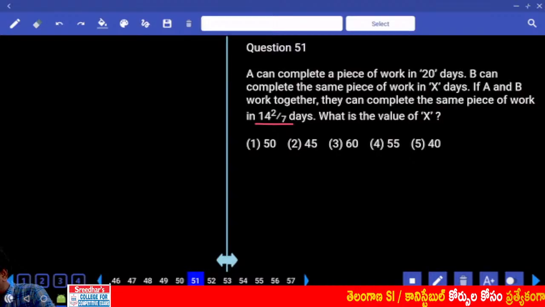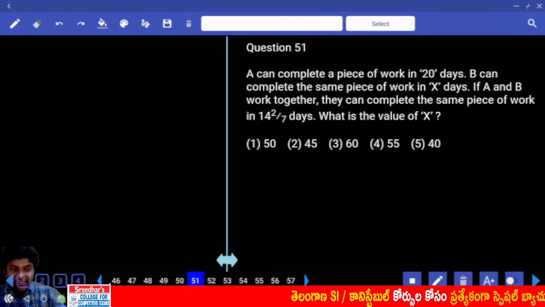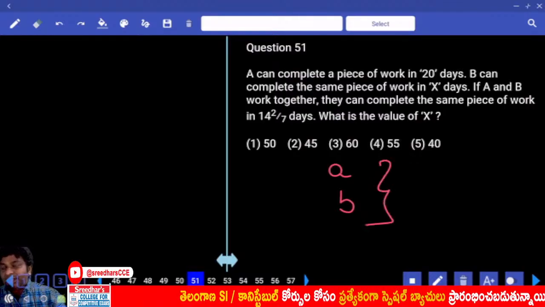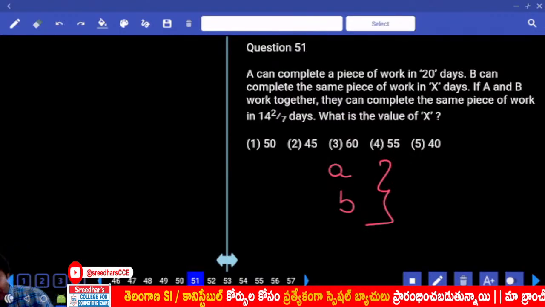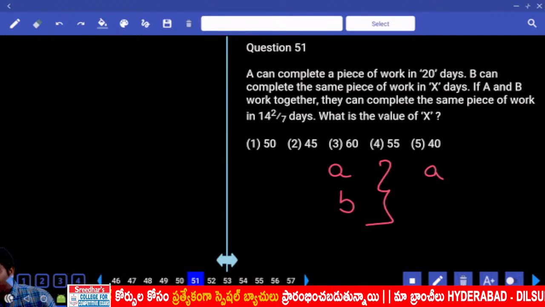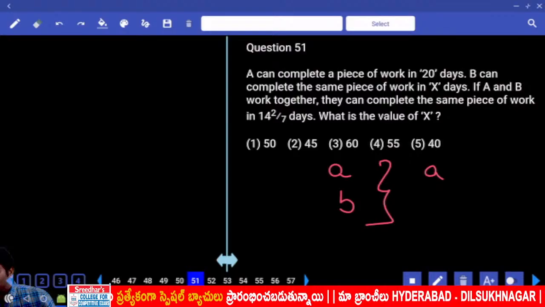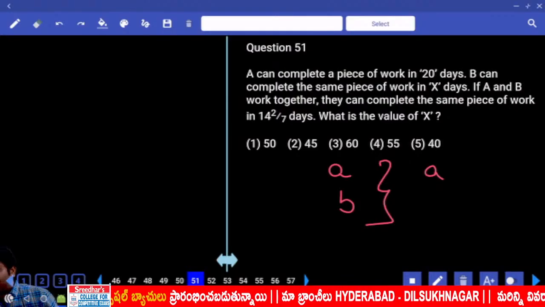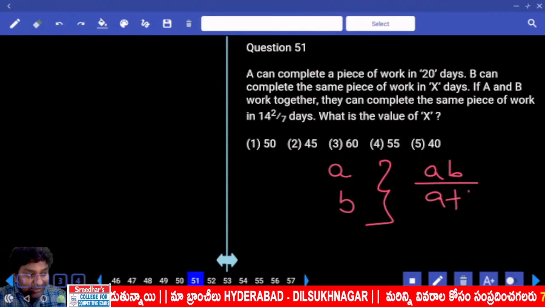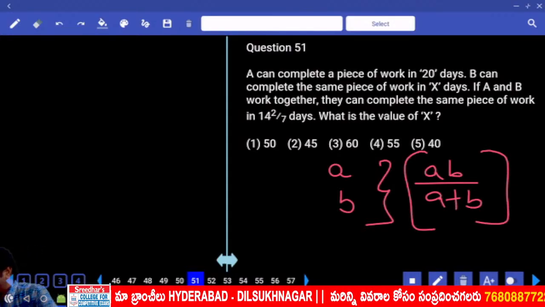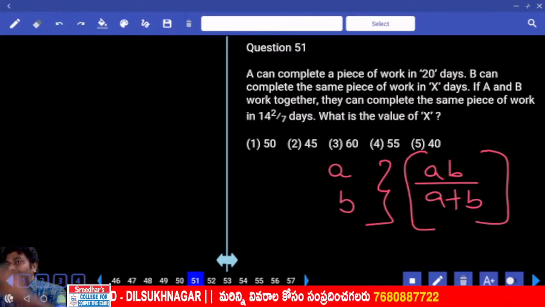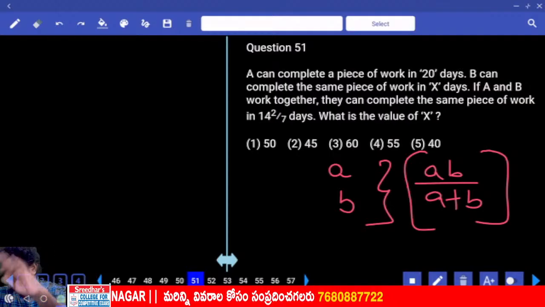The other way is, if A can do it in A number of days, B can do it in B number of days, together they can do it in AB by A plus B. You know that, right?